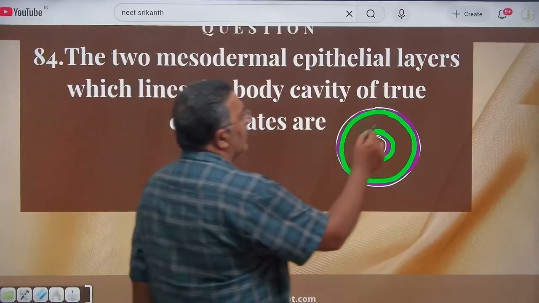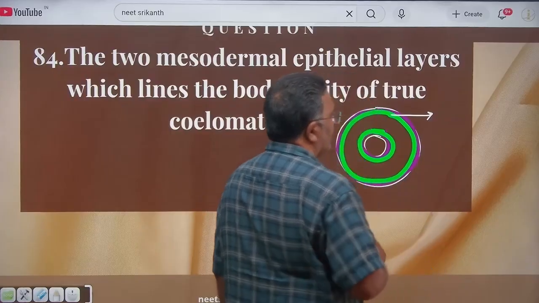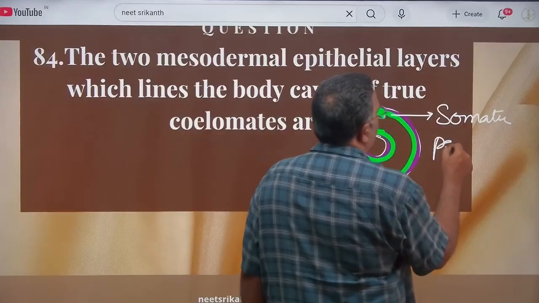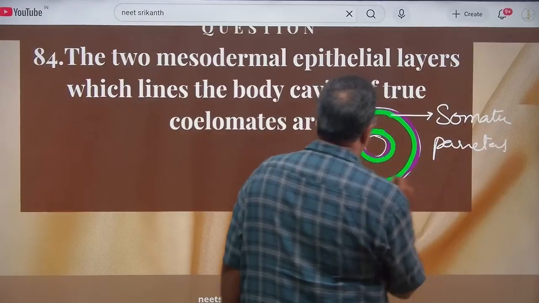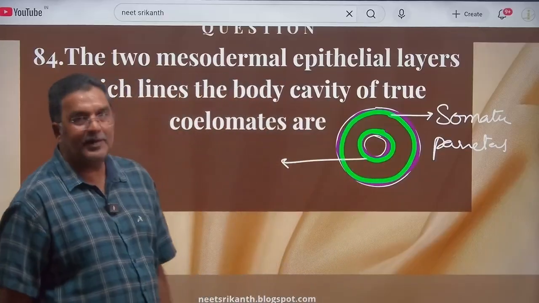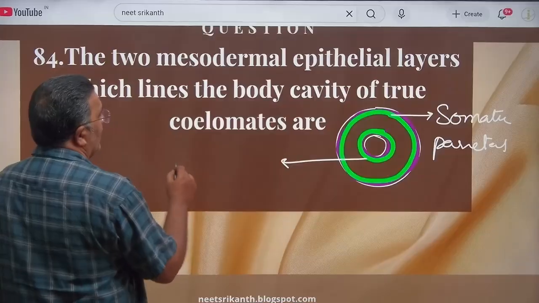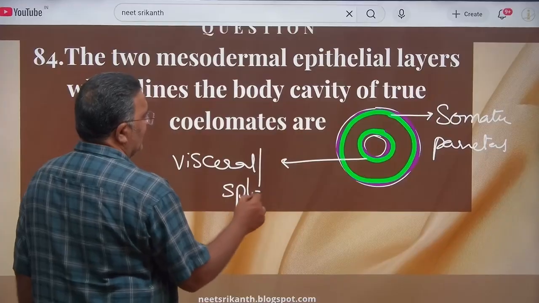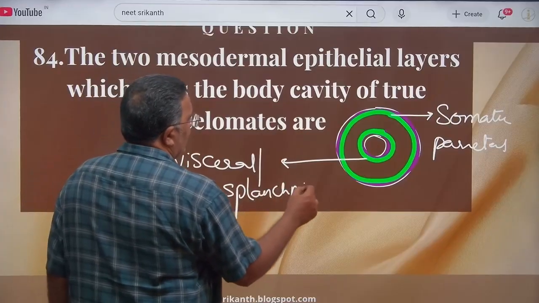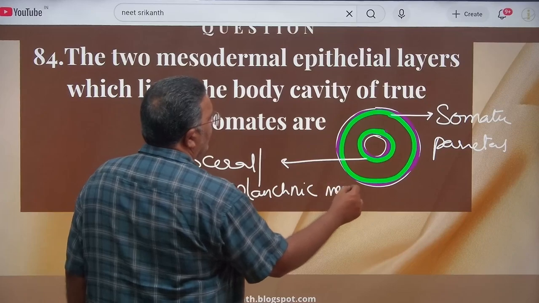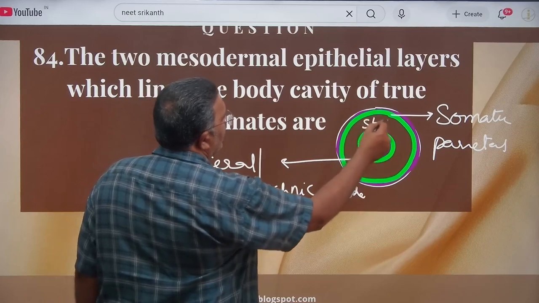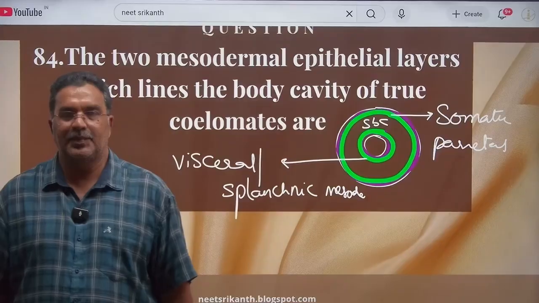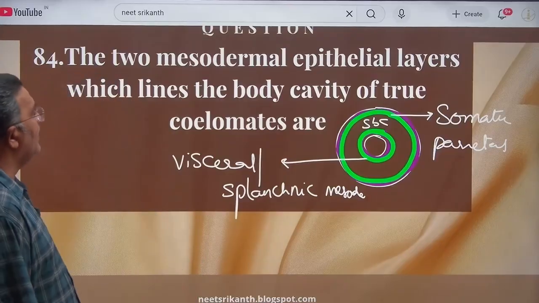So this mesoderm is called somatic or parietal mesoderm. The mesoderm that went toward the gut side, we call visceral or splanchnic mesoderm. And the cavity present in between is termed the secondary body cavity.